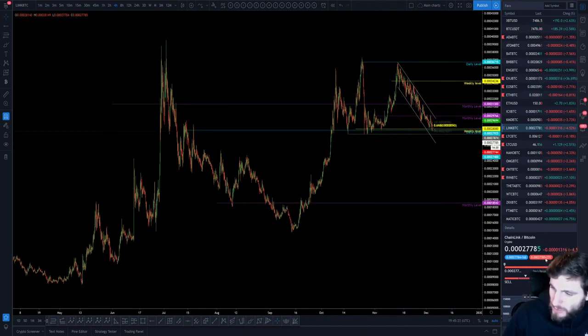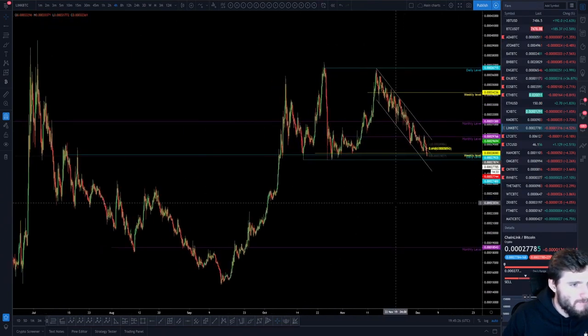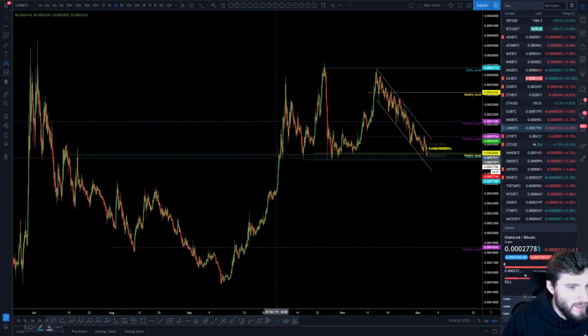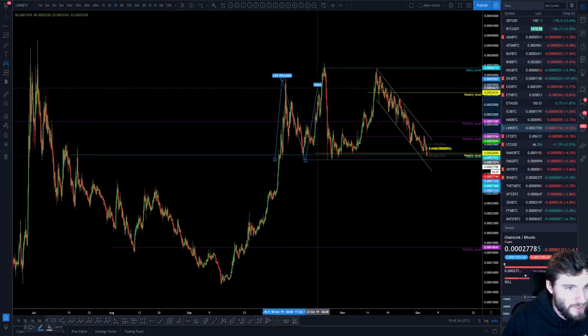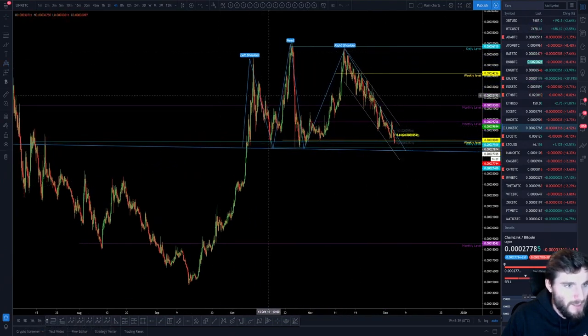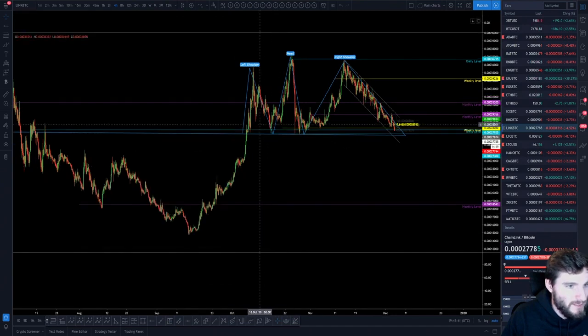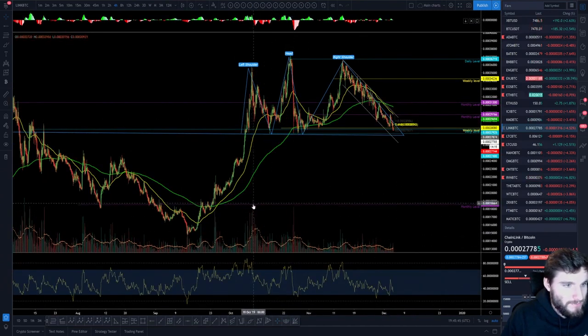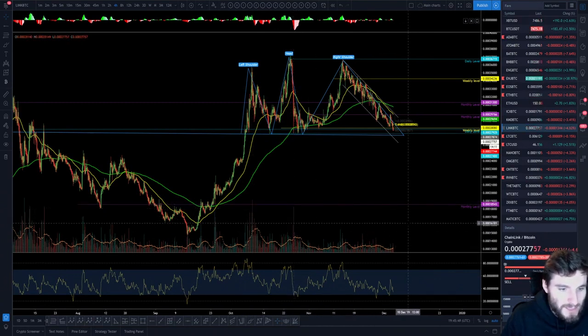Is there a head and shoulders on Link on the 4-hour chart? I guess you could look at it like this. It's not picture perfect, and it's not amazing.